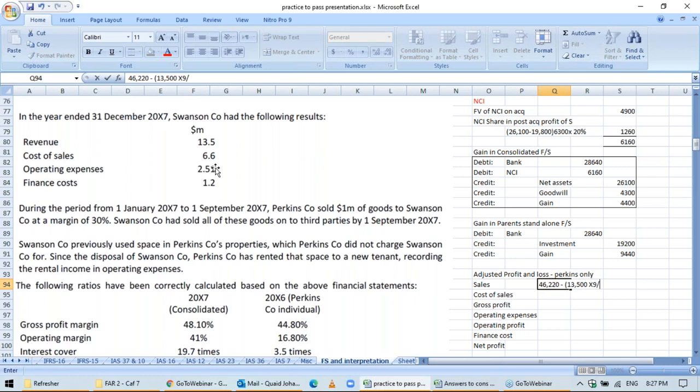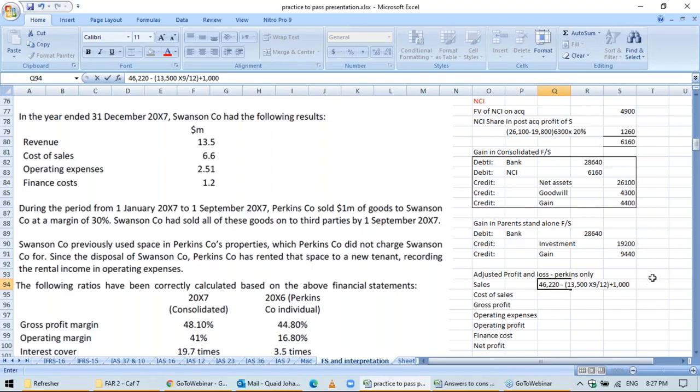So after 1st September, they have stopped consolidation. So we are removing just the results of 9 months. And plus, you know that when we consolidate, we remove the intercompany sales. So add that intercompany sales back, which was 1 million intra-group sales.